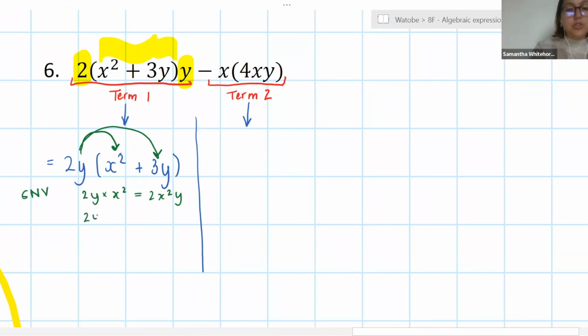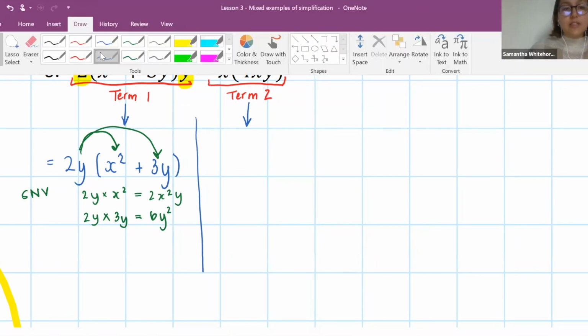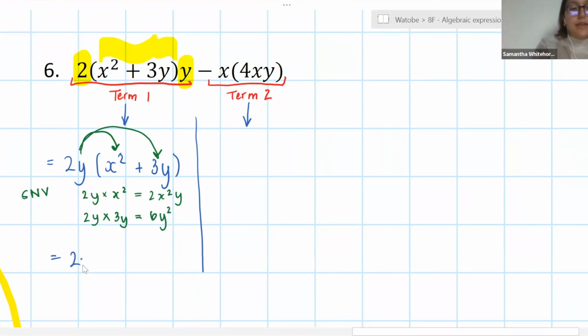And then we've got 2y times 3y. Now 2 times 3 is 6, and y times y is y squared. So this first term simplified is going to be 2x squared y plus 6y squared.